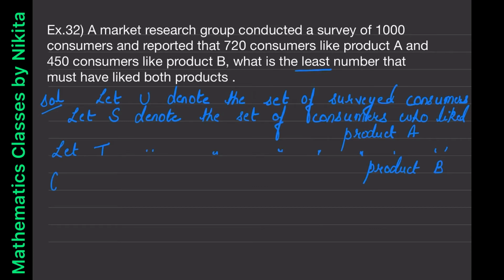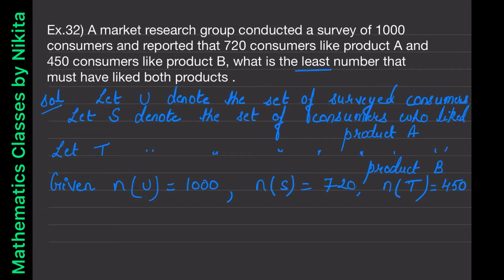Now what is given? The values are given to you. So given is that number of elements in U is equal to 1000. Number of elements in S is equal to 720, and the number of elements in T is equal to 450.